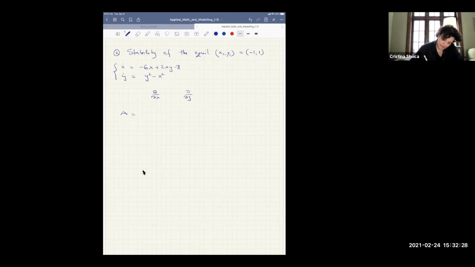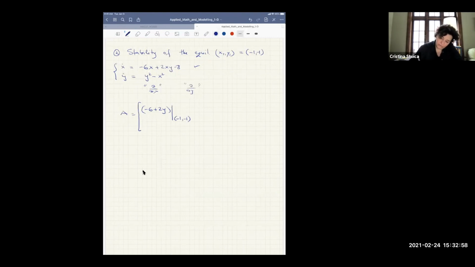The d/dx of this would be minus 6 plus 2y, and that's about it. But then we have to compute this at the point minus 1, minus 1. I cannot just leave it with x and y in it. That's what I keep trying to tell you.